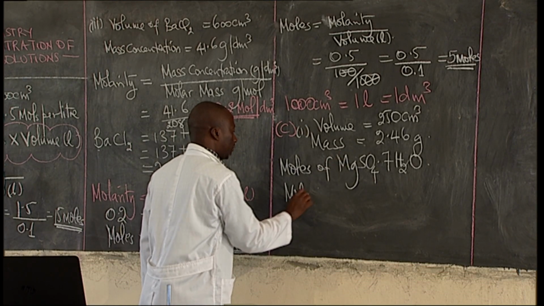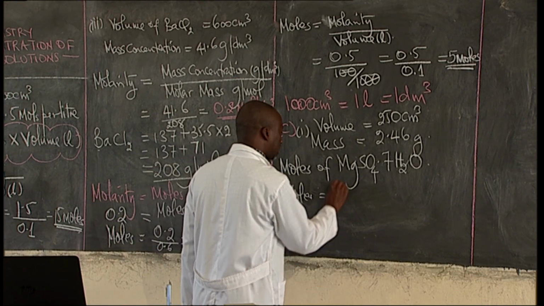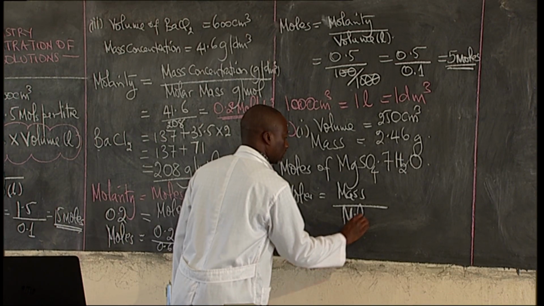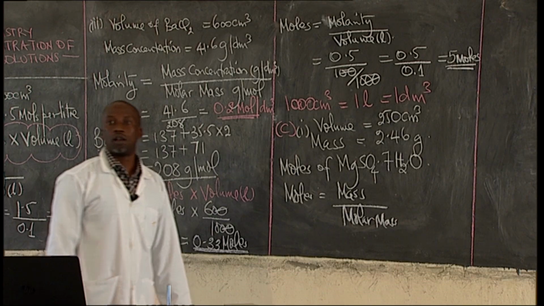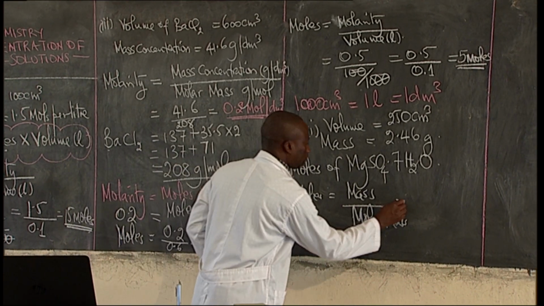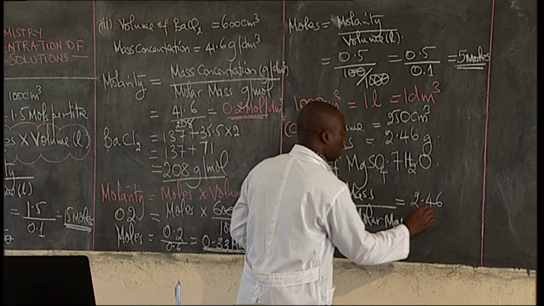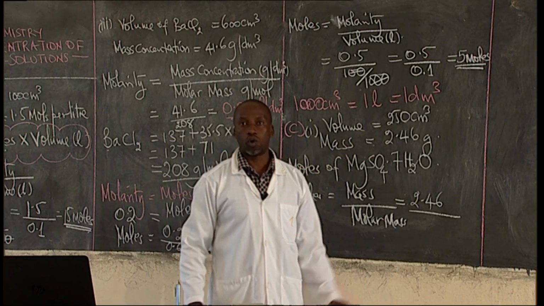You remember from your senior 2, moles is equal to mass over molar mass. After getting the moles, we have the mass, that is 2.46. We'll divide by the molar mass of all this.